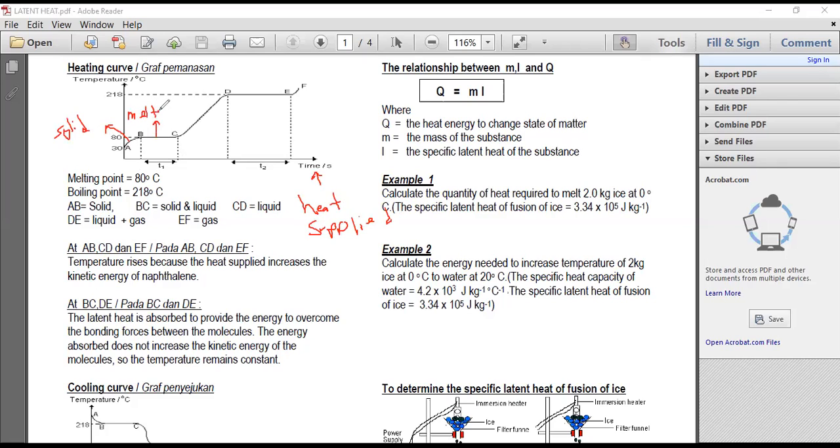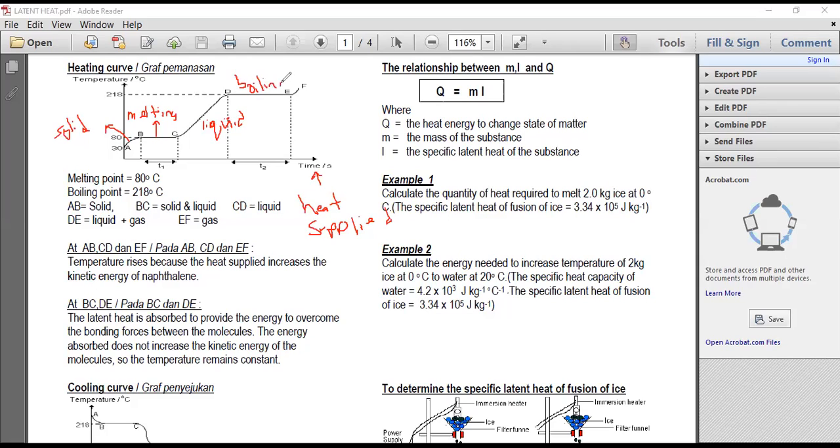During melting, the matter exists in two forms, solid and liquid. After that it is 100% liquid. Then what happens is boiling.